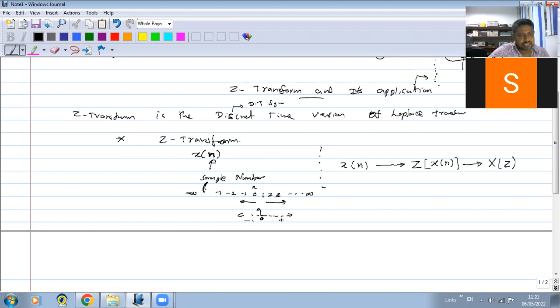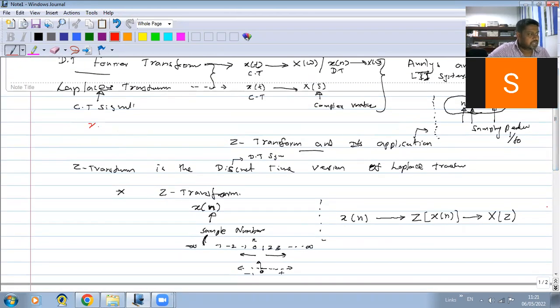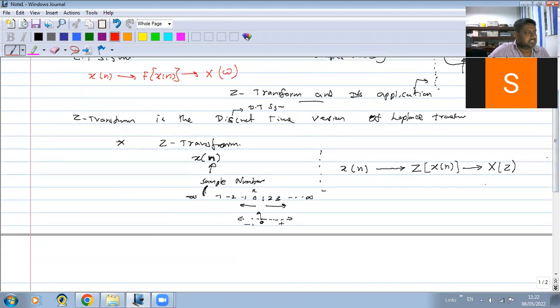So now it is in the Z domain. The same notation we have used for the Fourier transform: if we get the Fourier transform of x[n], it will be capital X(omega). In the same manner, we denote the Z transform, X(z).